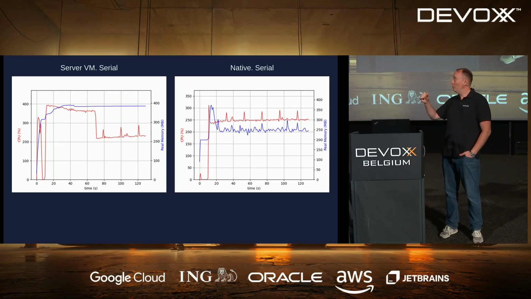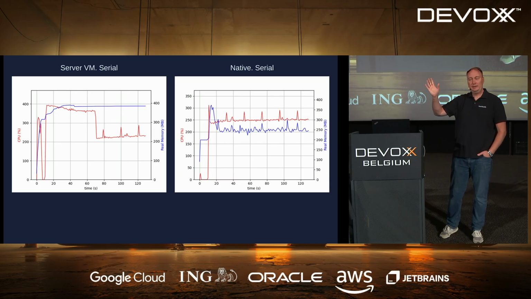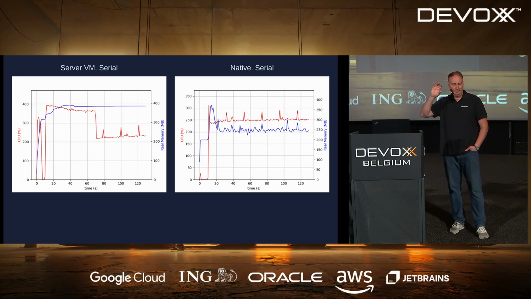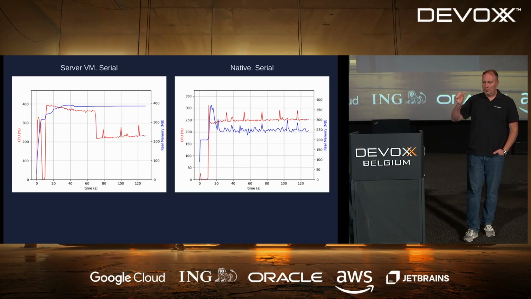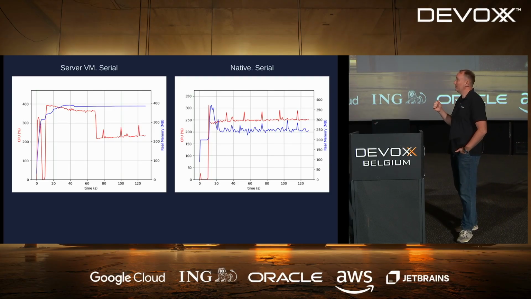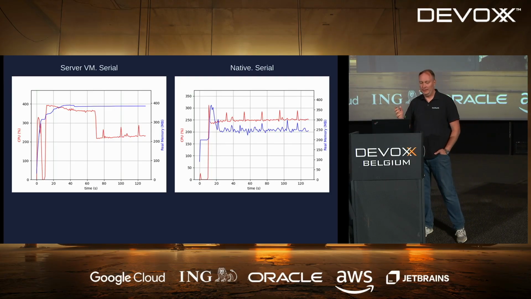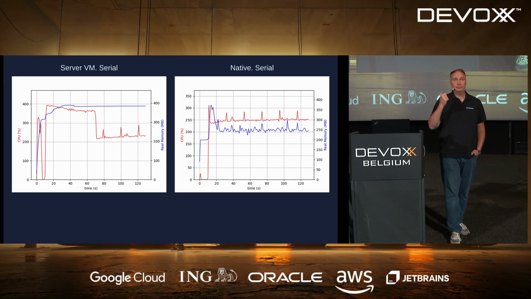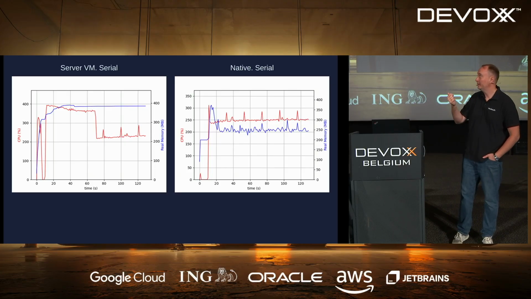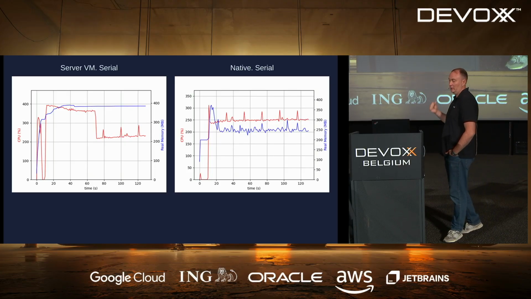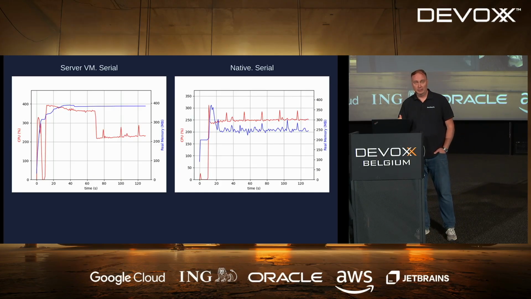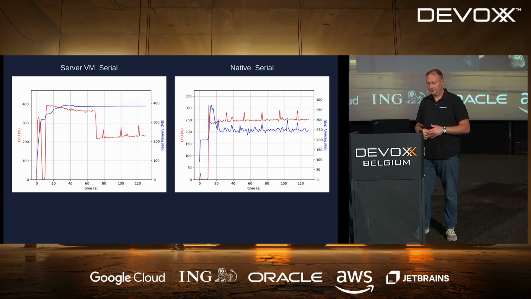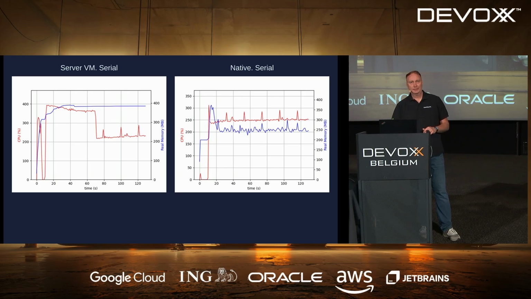But you see, we do use slightly less memory, so we compare serial to serial GC. And well, CPU usage, it depends. In this example, it is about the same if we compare CPU usage after warm-up in the case of the regular JVM, and the CPU usage in the main phase of GraalVM, right?